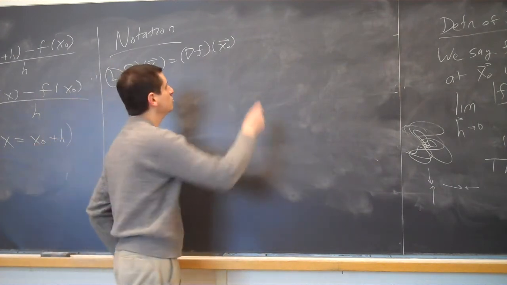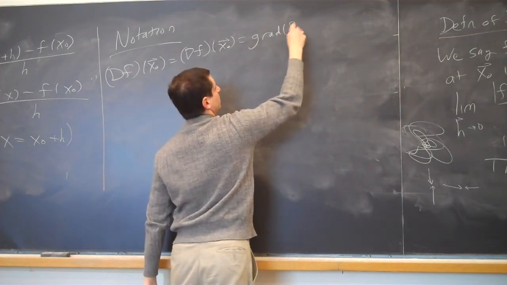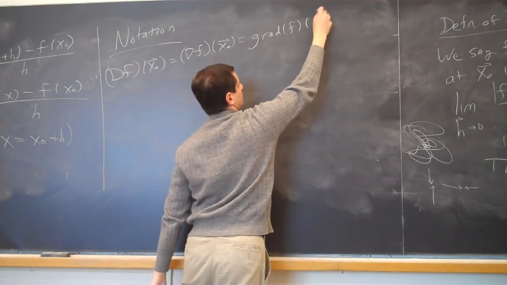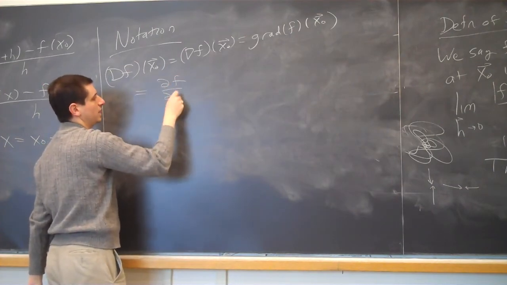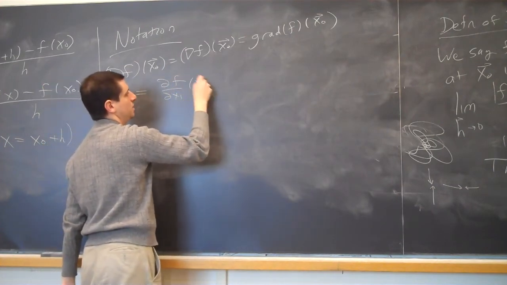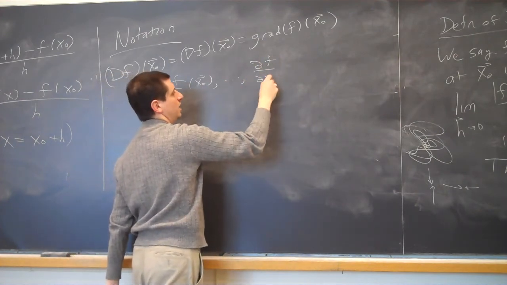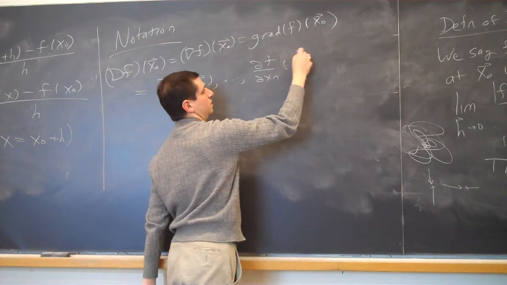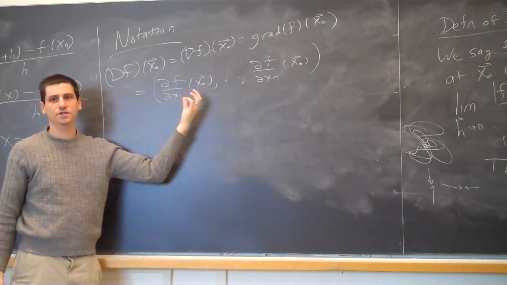So I call this the upside down triangle. Also grad for gradient of f at the point x naught is partial f, partial x1 at x naught, dot, dot, dot, partial f, partial xn at x naught. So this is the definition of the derivative.